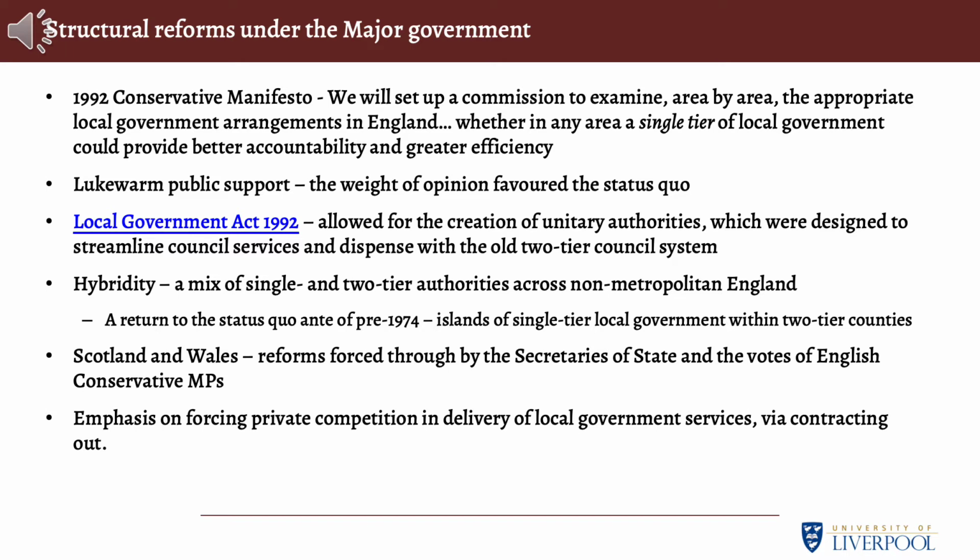Essentially, once you get past a certain small size, it's not very efficient. As you increase size, efficiency rises, and then as you carry on past the point of optimal efficiency, it decreases as you increase in size. And so you get these strange U-shapes, they argue. And the Major government reforms did not take this insight from public service management into account.